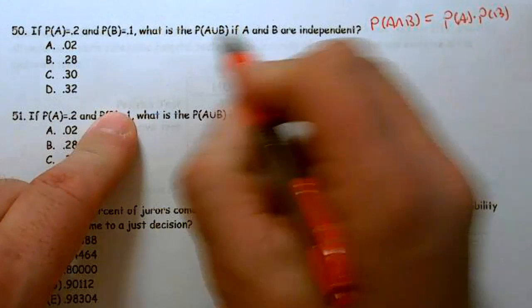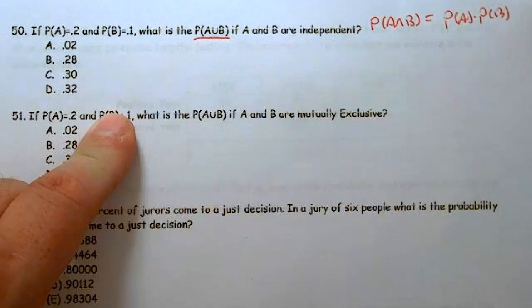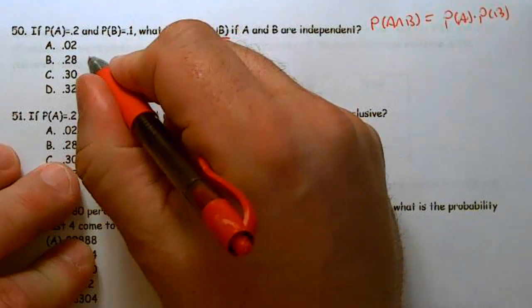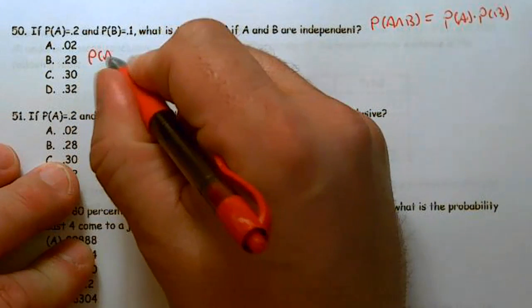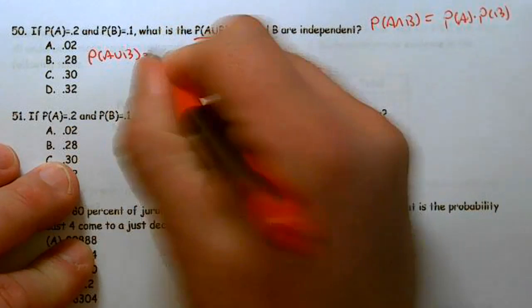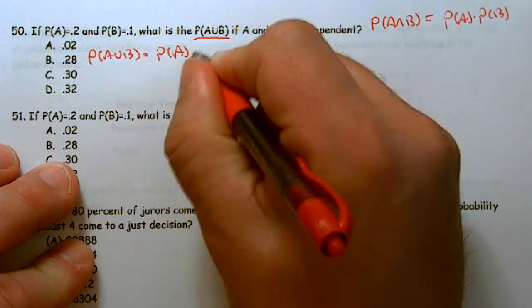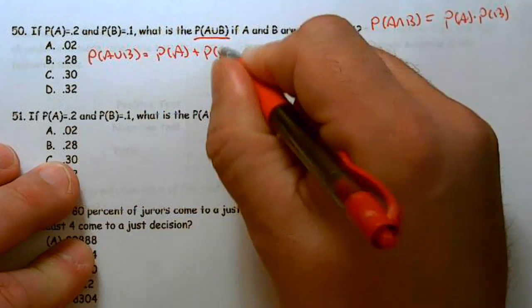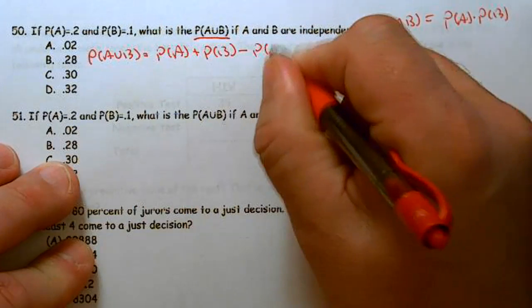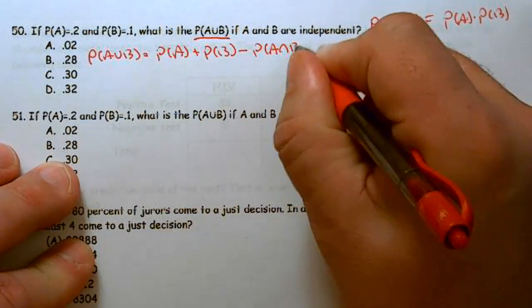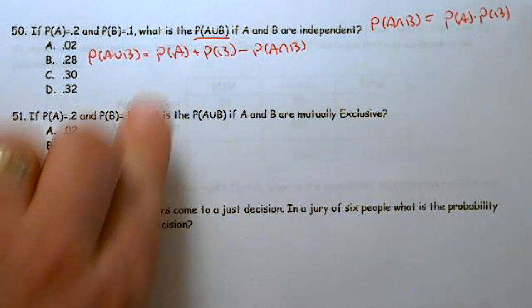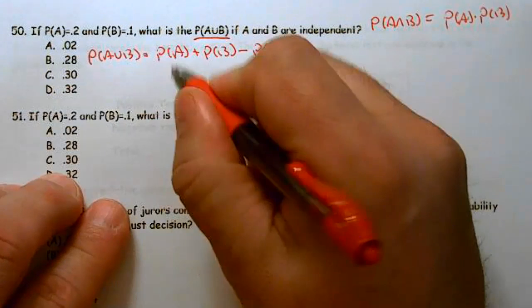They also gave us one other thing, the probability of A union B. The probability of A union B has this formula right here. That equals the probability of A plus the probability of B minus the probability of A and B. Well, we know the probability of A is 0.2.